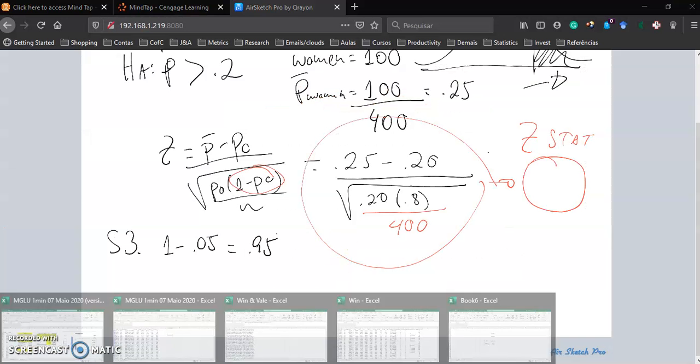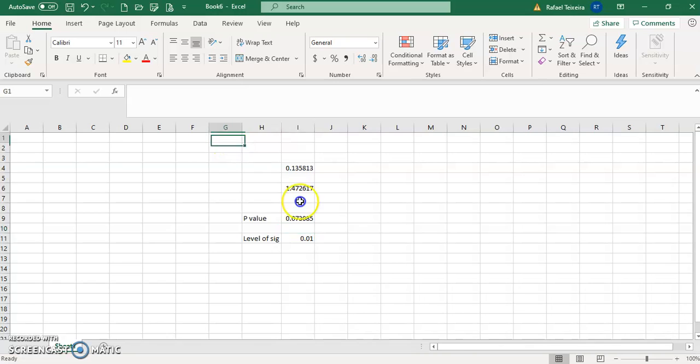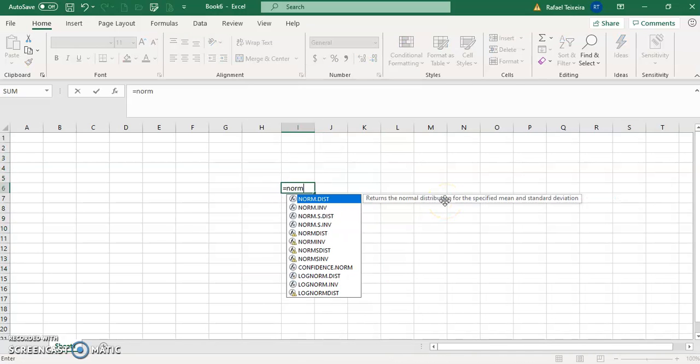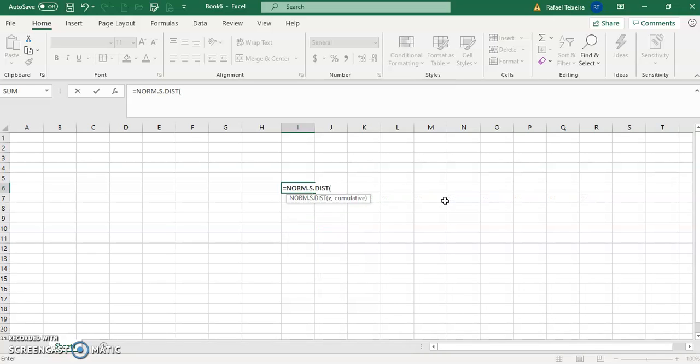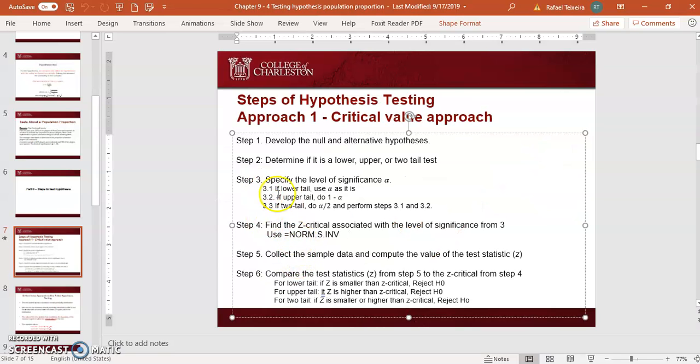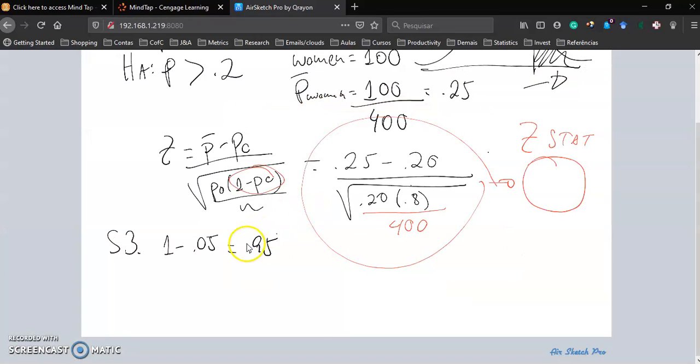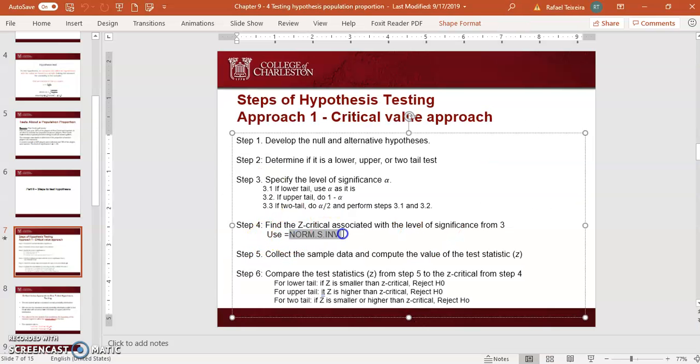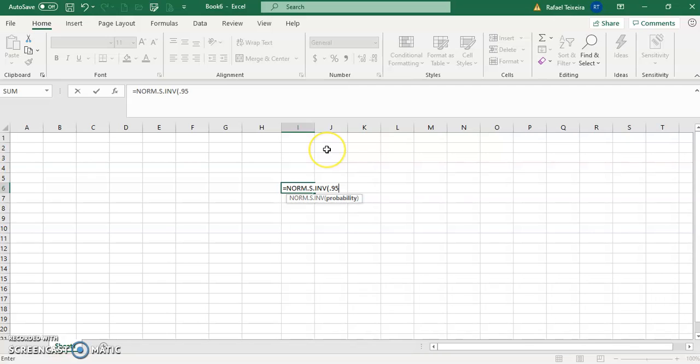Let's do that very quickly so you can see. So let me clear all this. So equal NORM.S.INV. What's the probability? It's 0.95. Where is it coming from? I computed it here. This is the reason I do step 3: because it's an upper tail, I get this 0.95 to be able to enter in this formula in Excel.